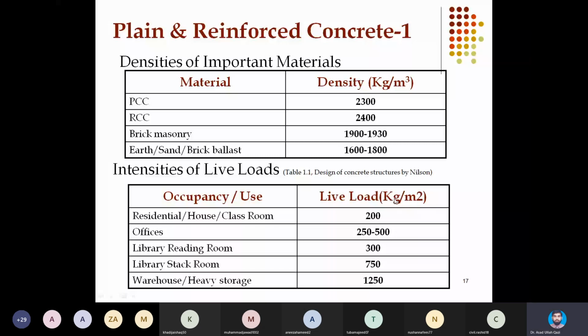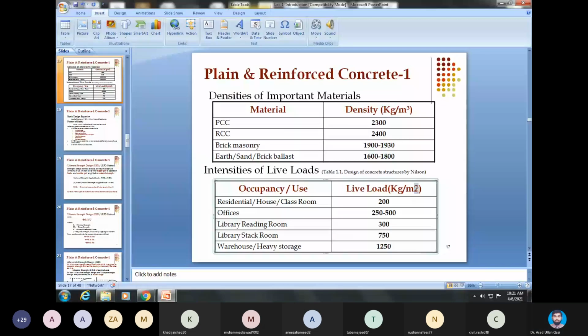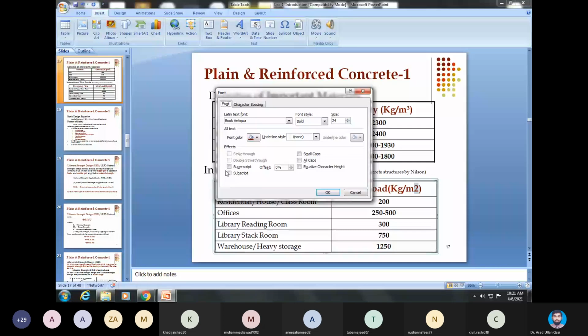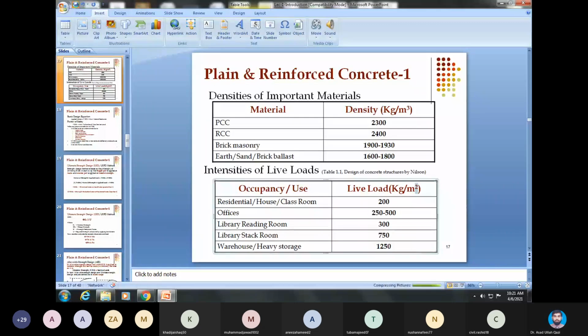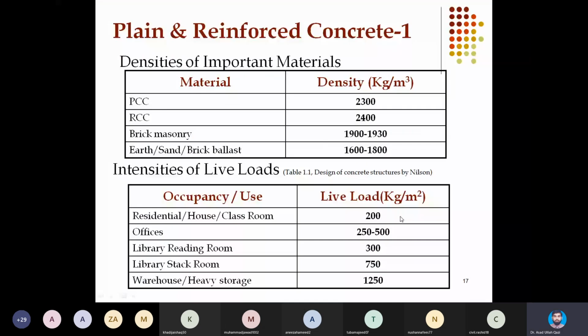This m square is in superscript. So this is the pressure in kgs. You can convert it into Newton by multiplying it with 9.81, and further if you want to convert it into kilonewton you can divide the answer with 1000.